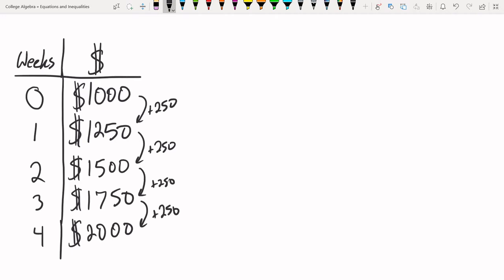And we can also write a model for this. If we have a starting point and a simple linear increase, meaning every single increase from the starting point to the next is always the same, in this case 250, then we can model this by saying we have $1,000 plus 250 times W. I'm going to use the variable W to designate weeks.